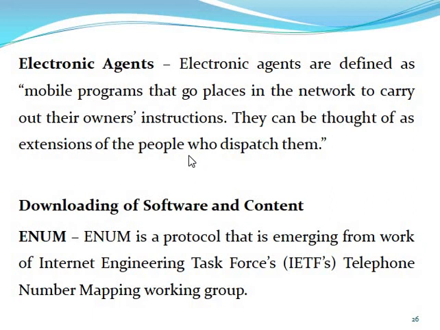Suppose you communicate from one person to another only in audio mode, then 3G is used for audio only. Suppose you go to a video call, then the electronic agent passes the instruction for video mode. So this is the importance.